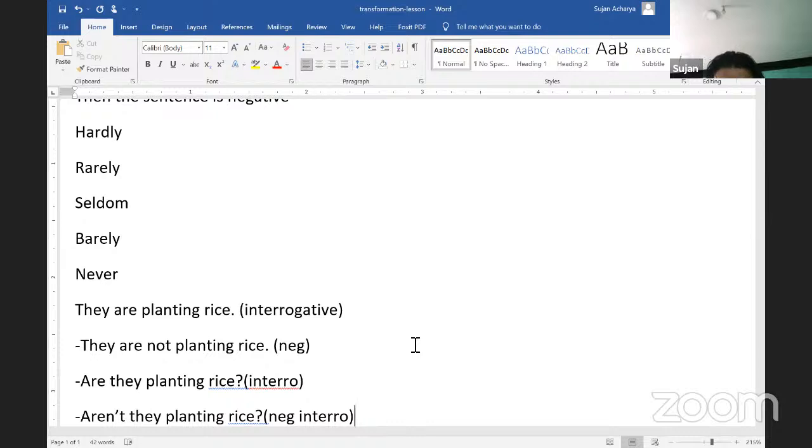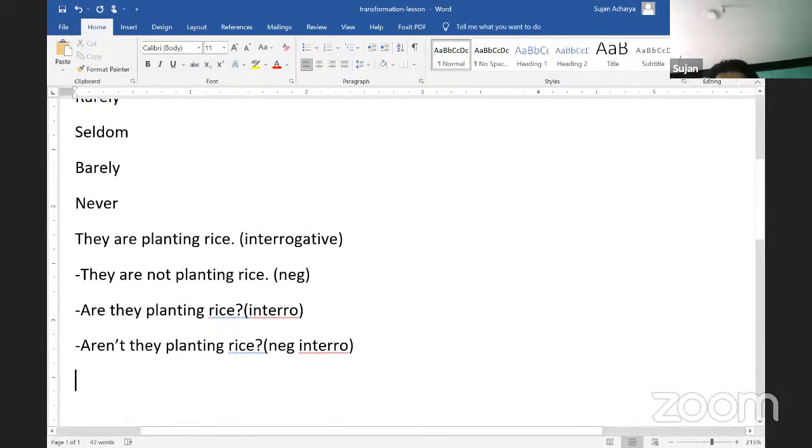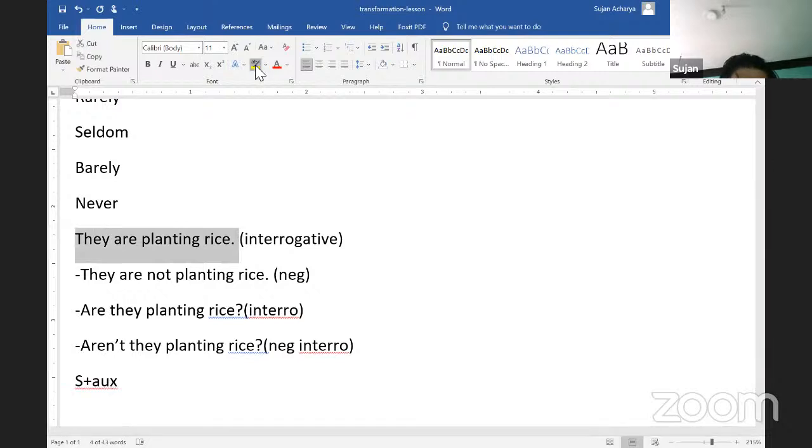Let's devise the formula on our own. See how a formula can be derived, though we don't have to go through this. Subject plus auxiliary: they are planting rice. Subject plus auxiliary means is, am, are, was, were, has, have, auxiliary verbs.